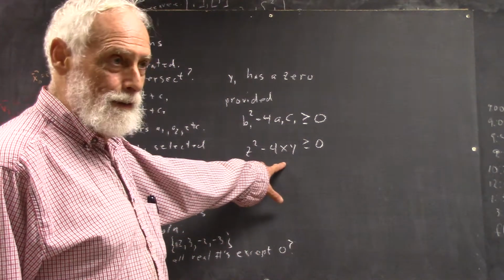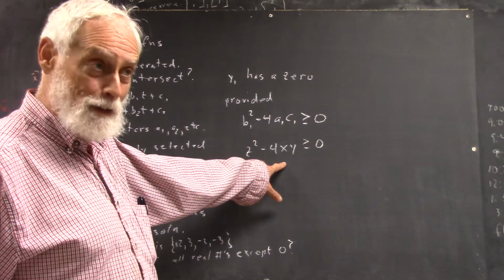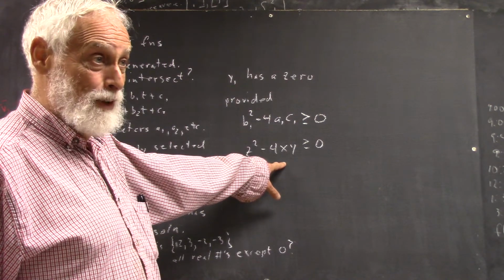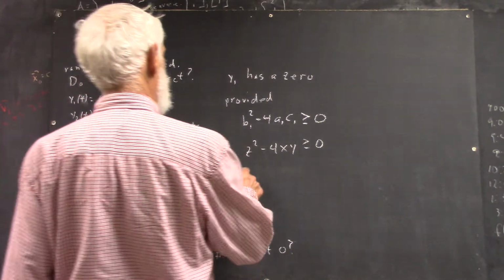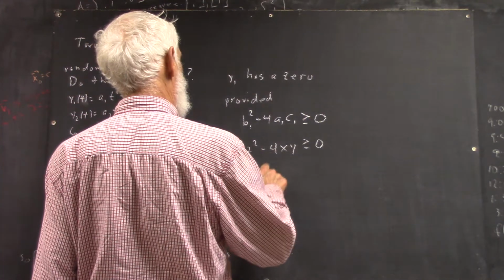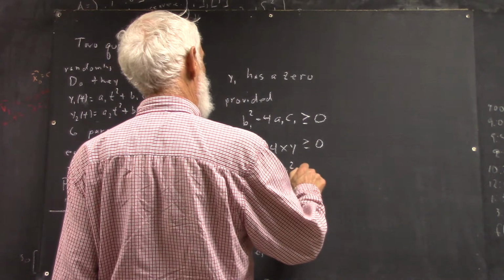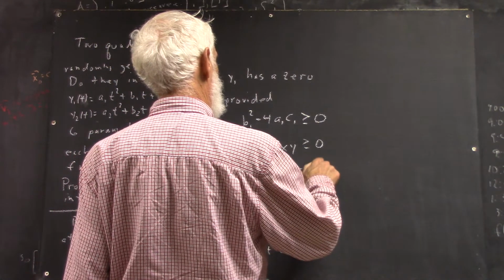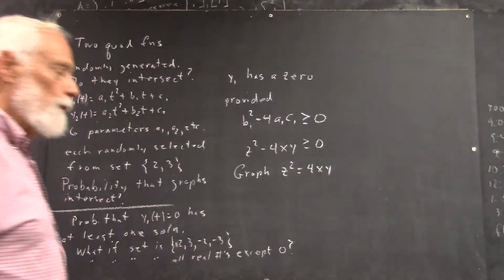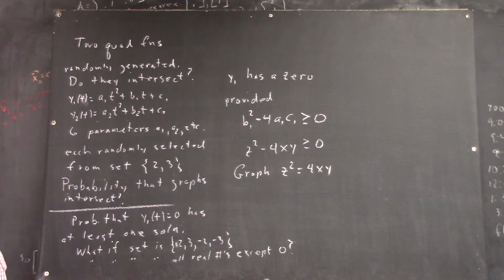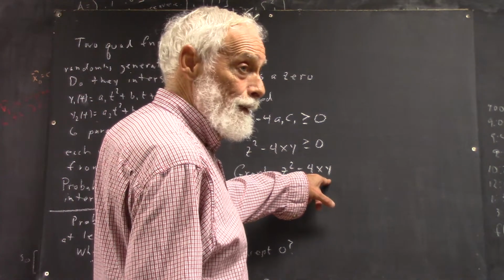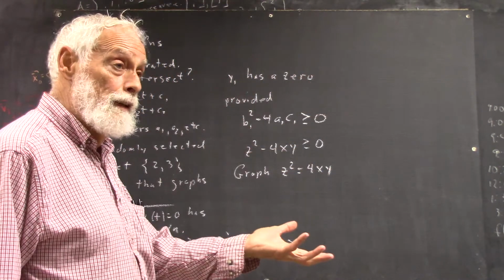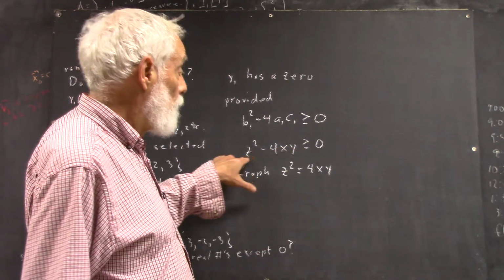And now we're into the realm of multivariable calculus. Okay? We can graph this function, or at least we can graph z squared equals 4xy. That graph is the boundary between where this thing is greater than 0 and where it's less than 0.